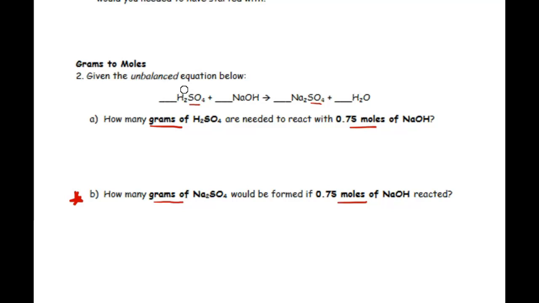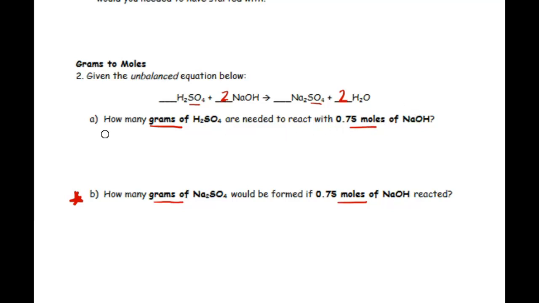But basically, counting the H's over here and the H's over here and the Na's, I know that I'm going to need a 2 here to balance these sodiums out. And then this 2 is going to cause me to put a 2 over here. And once you take a look at everything, it is balanced.